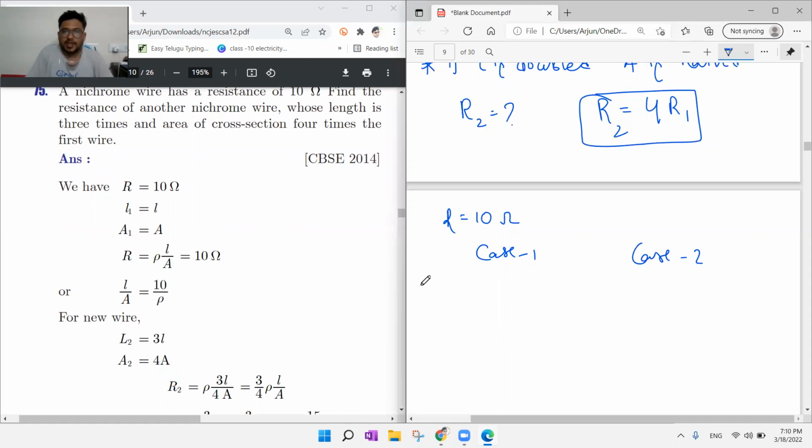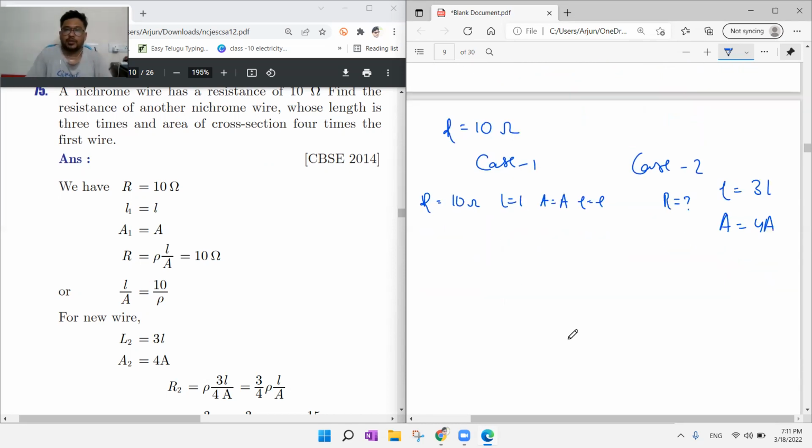So in case 1, R value is equal to 10 ohm, L value is L, A value is A, rho value is rho. In case 2, we don't know, R value is question mark, L value is 3L, and area of cross section is 4 times. They are not asking area of cross section is decreased 4 times. Don't get confused. Area of cross section is 4 times. So A value is 4A.